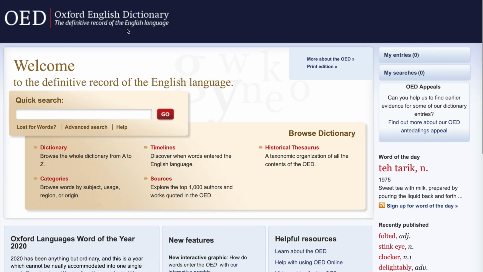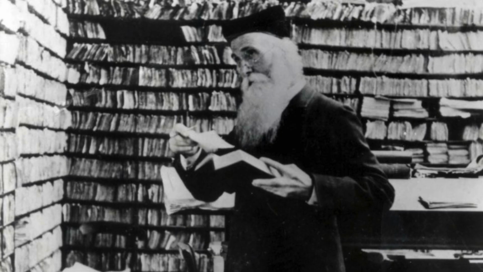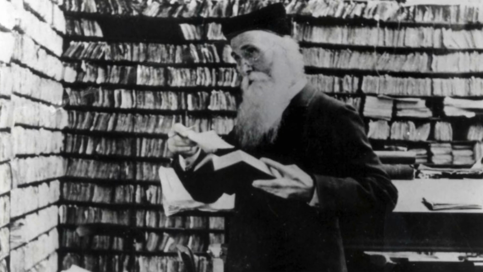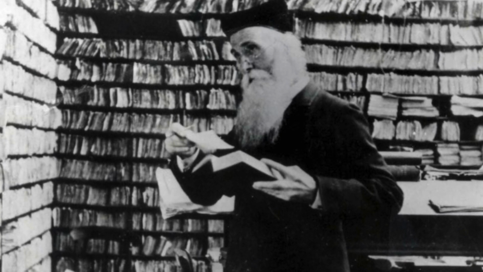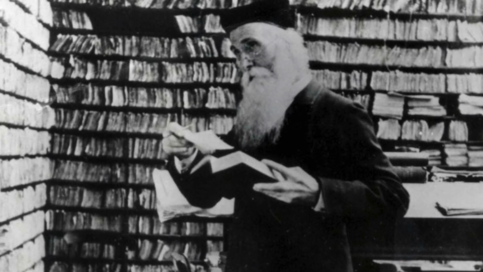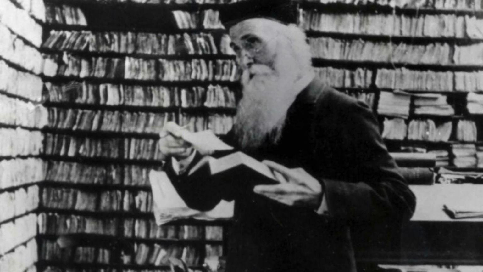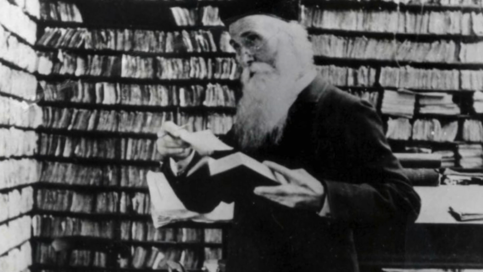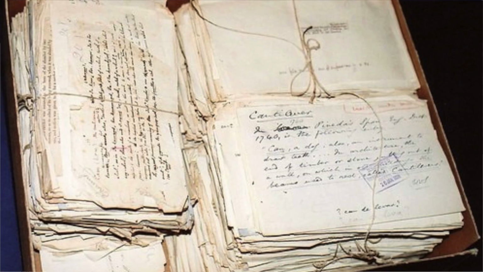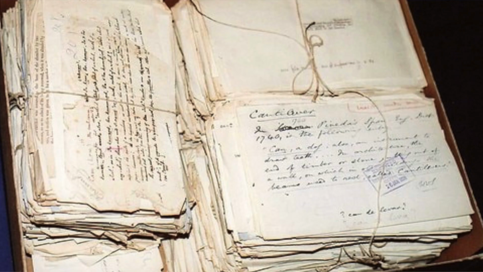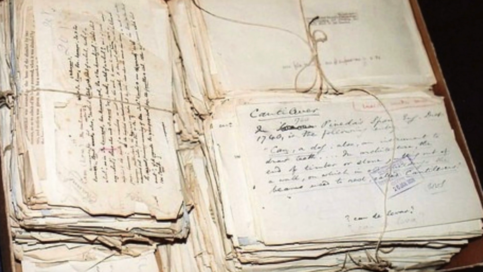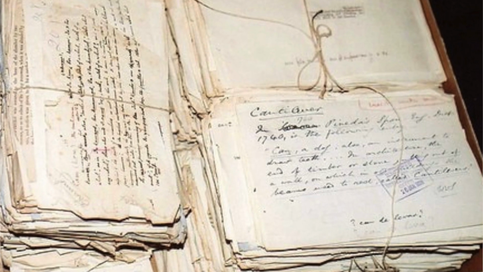The chief lexicographer, that's a person who writes dictionaries and researches words, his name was Murray, and he had to write a sort of invitation that asked anybody in the English-speaking world to send to Oxford University Press examples of words.